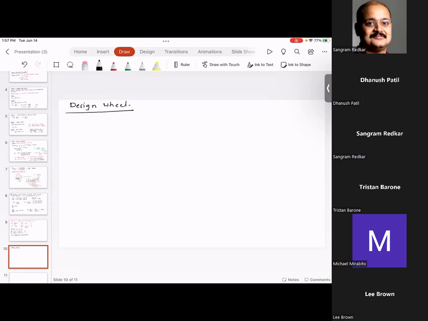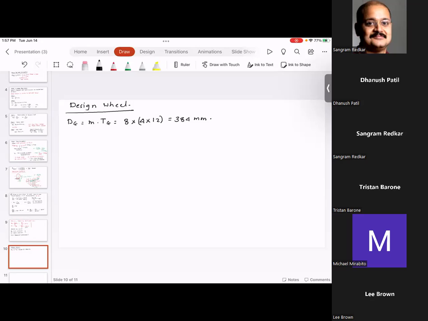So step one, we know the overall dimensions. So module is 8 millimeter. We know the number of starts and we know the reduction ratio. So we know the overall dimension of the worm wheel.